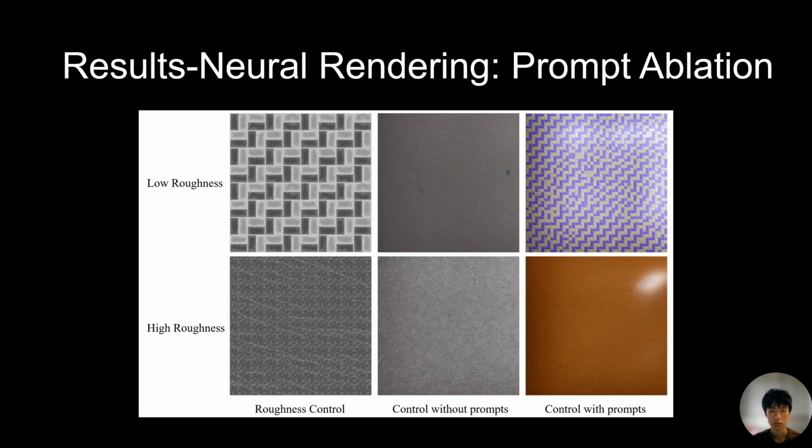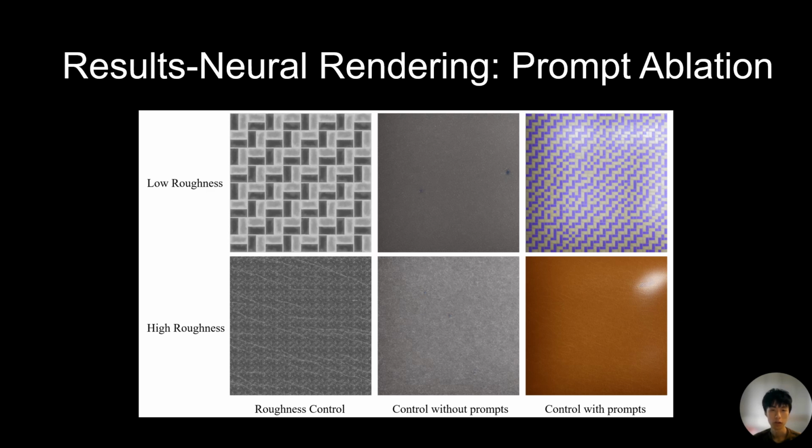Here are some results of the prompt ablation study. We can see that after ablating the prompts, the output results are a gray surface with typical roughness features, but you cannot tell what kind of material it is.